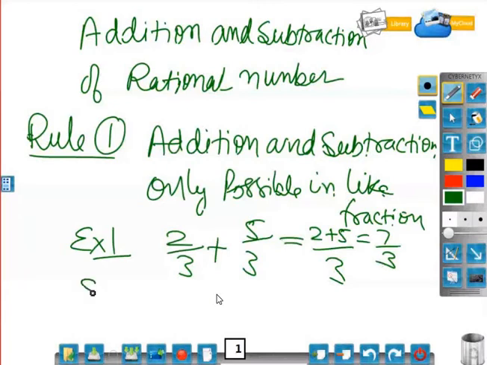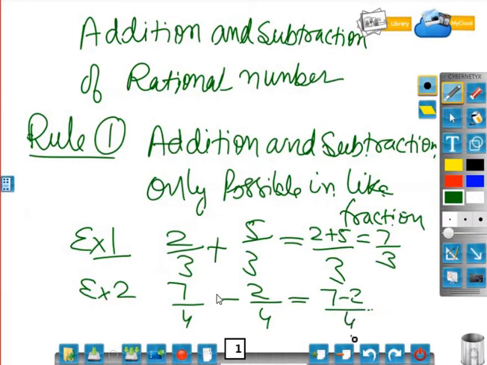Example number 2. For example, we have 7 upon 4 minus 2 upon 4. Here they are also like, so we can go for that. 7 minus 2 upon 4, that is 5 upon 4.